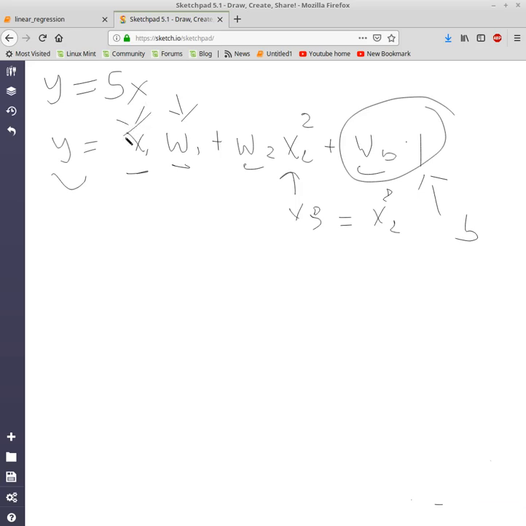Nonlinear regression can also be solved by gradient descent or machine learning, but we're just going to talk about linear forms here today.